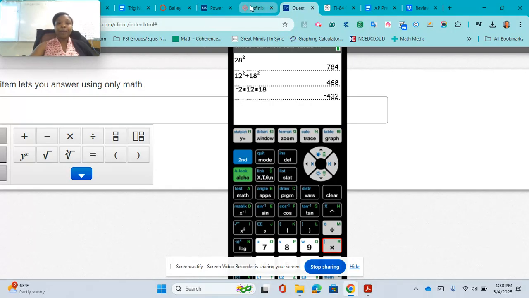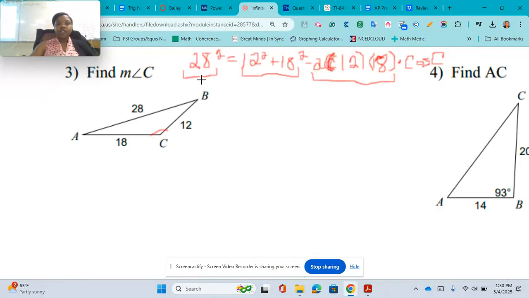Go back to my problem. 28 squared, that gave me 784, so I'm going to put it right under my 28 squared. That equals 12 squared plus 18 squared, which is 468.